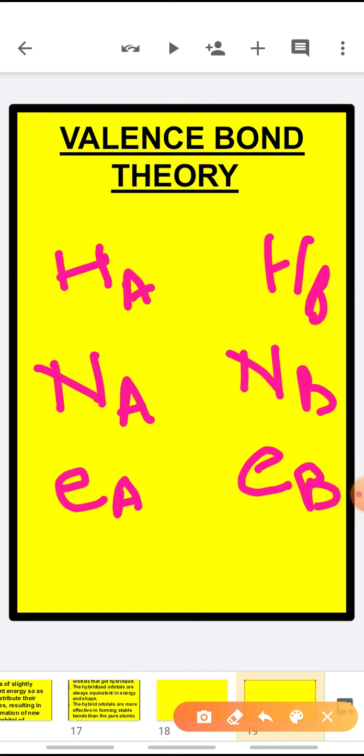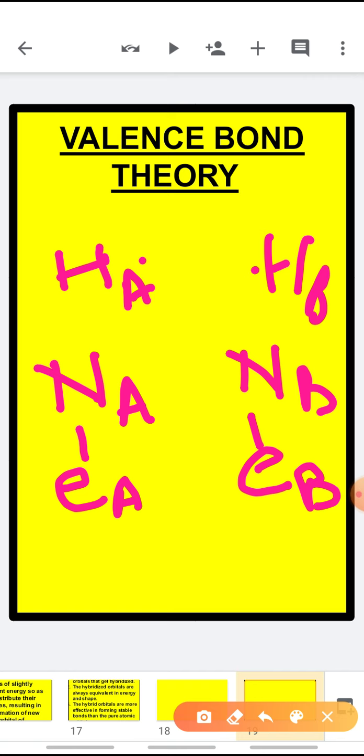When the two atoms are at a large distance from each other, far apart, there is no interaction between them. But as they start coming closer to each other, new attractive and repulsive forces start to operate. Now what are the attractive forces and what are the repulsive forces? Between the nucleus of an atom and its own electron, there will be attractive forces.